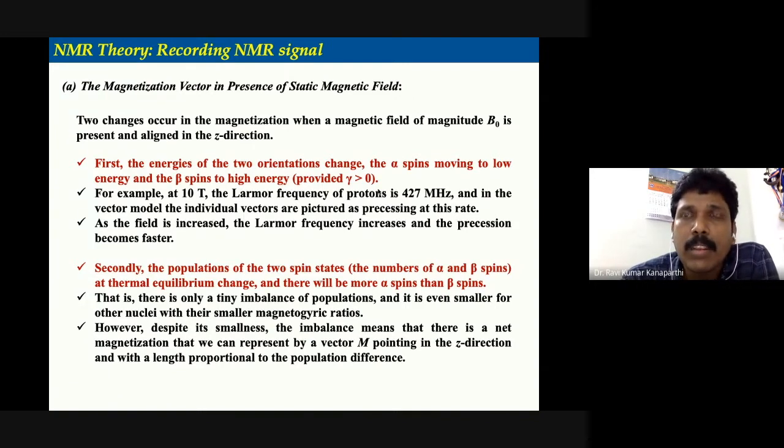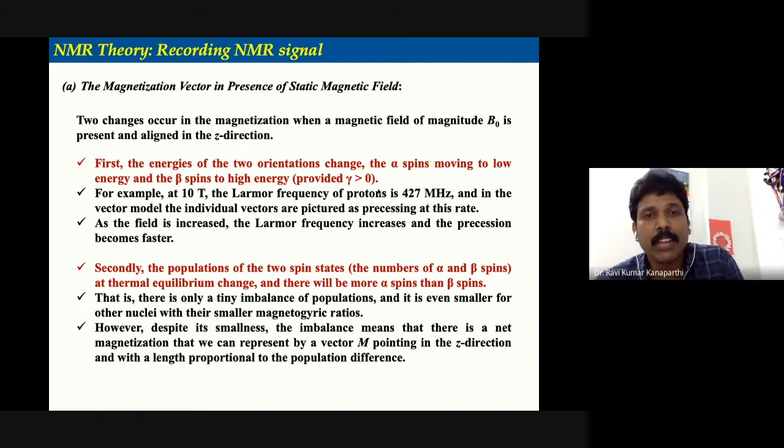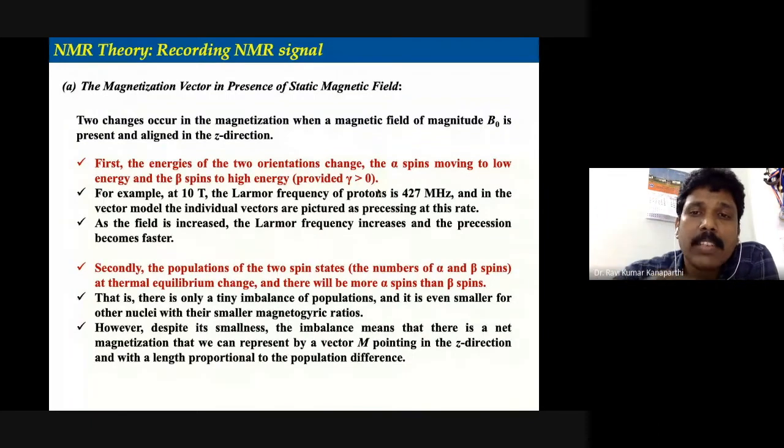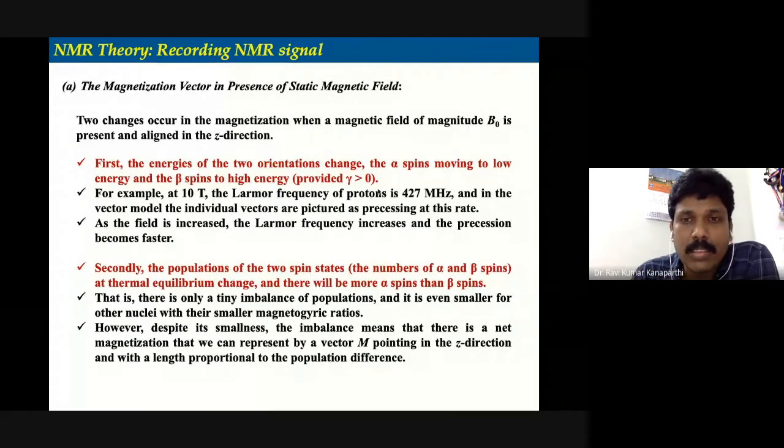Alpha is the spin which is pointing parallel to the applied magnetic field, and those spins occupy the lower nuclear spin energy state, whereas the beta spins occupy the state which is a little higher in energy. So beta spins occupy the higher nuclear energy state, whereas alpha spins are arranged in the lower energy spin state.